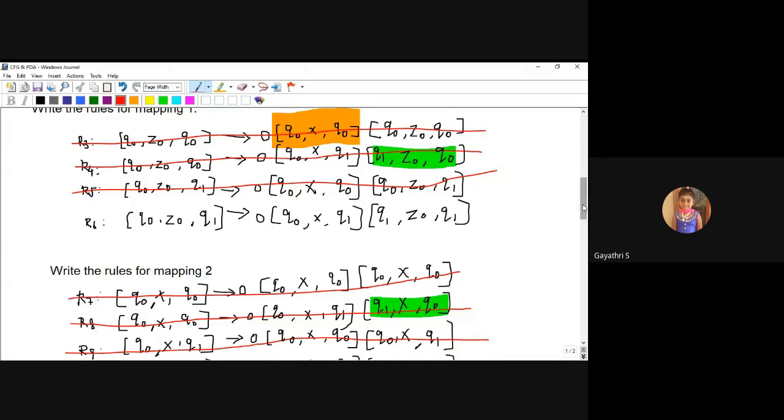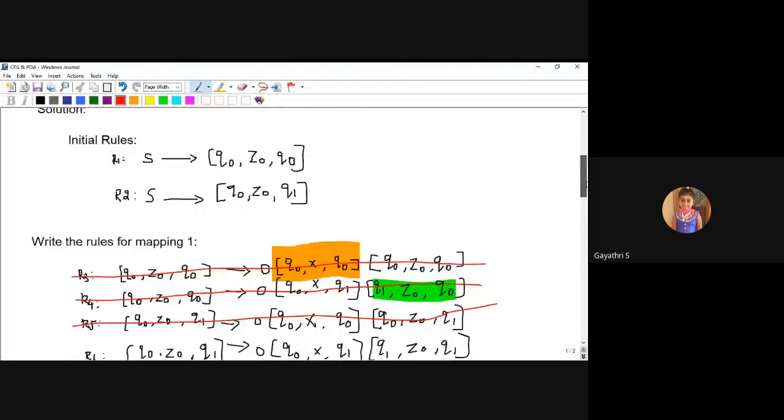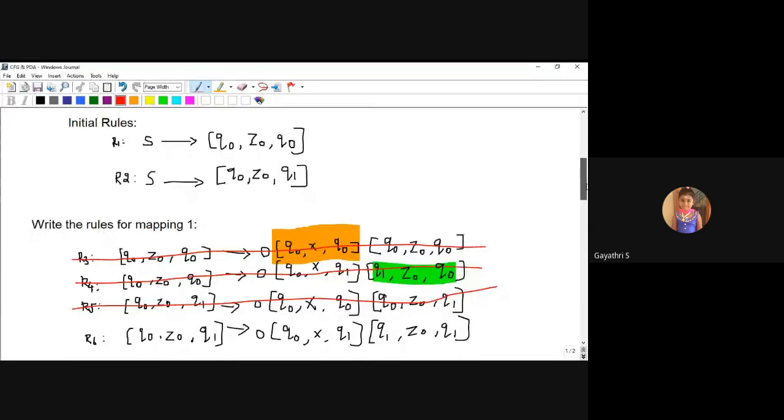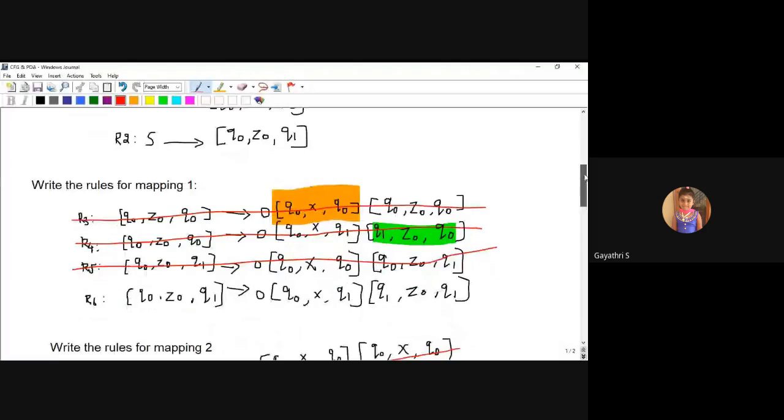See here, Q0 to Q0. I will eliminate this production. While eliminating Q0 x Q0, the production Q0 to Q0 is also removed. Is there any other production Q0 to Q0?